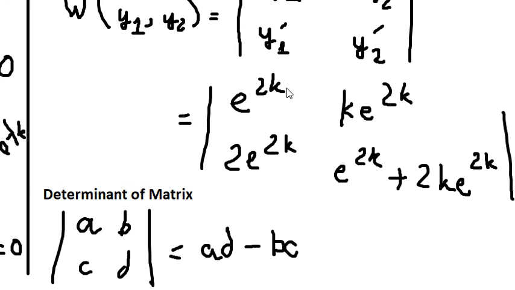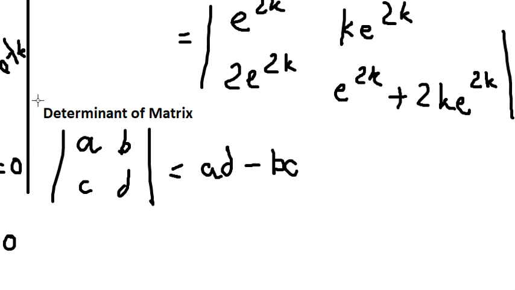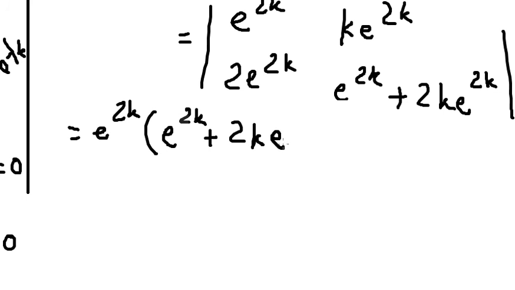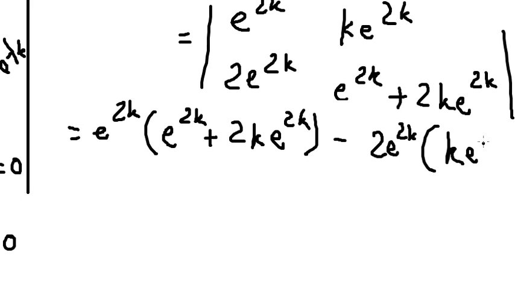That means this one multiplied by this one minus this one multiplied by this one, and we have the final answer. If we simplify, we have only e to the power of 4k.